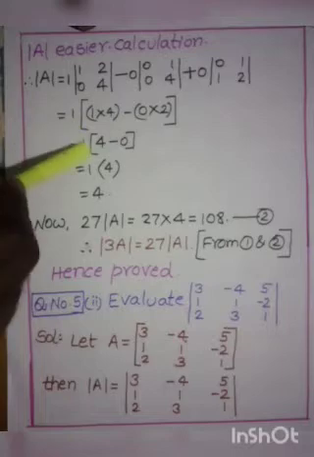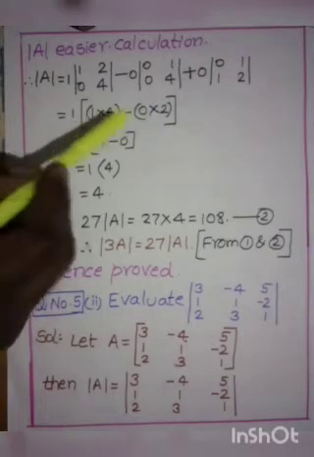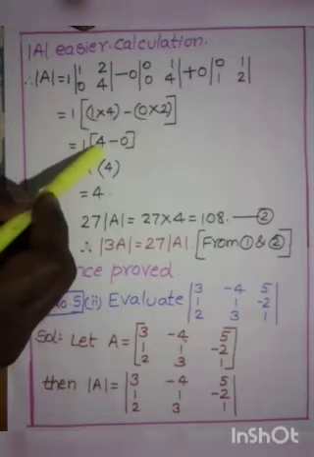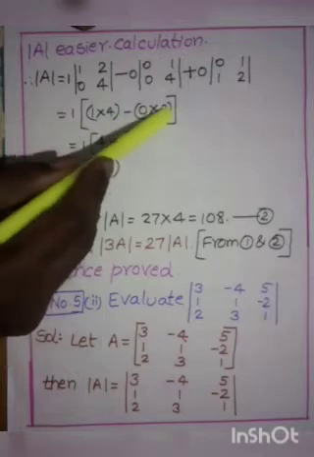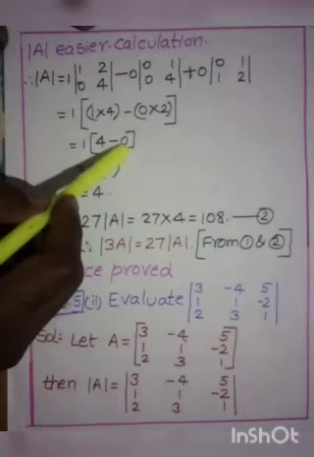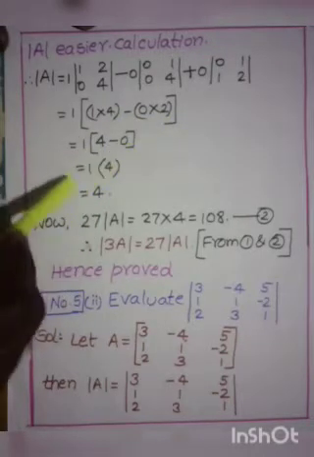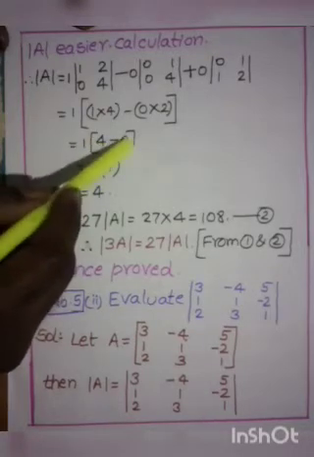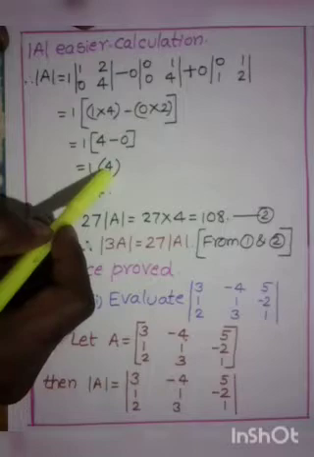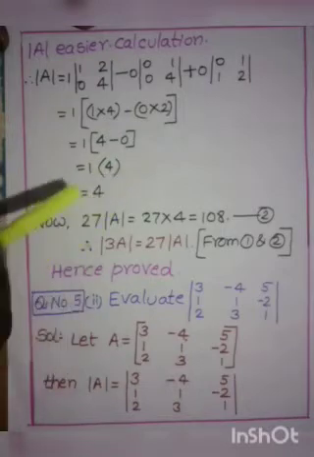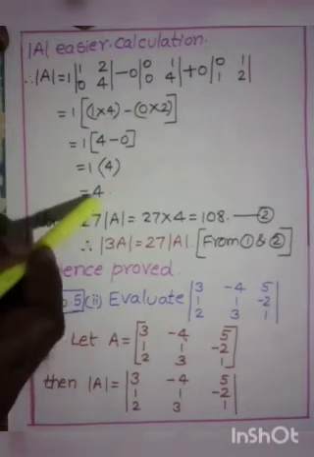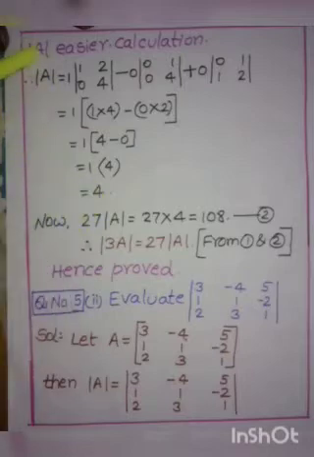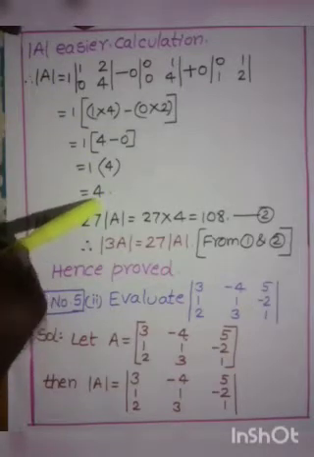Now 1 into, in these brackets, what will you get? 1 into 4, 4, minus 0 into 2, what will you get? 0. That is equal to 1 into, in these brackets, 4 minus 0, 4. That is equal to 1 into 4, 4. So this is the determinant of the matrix A, 4.